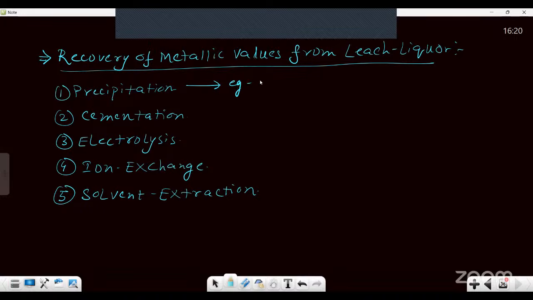One example I can give you. If a suitable reagent is added, the metal forms insoluble compounds. So add a suitable reagent. Now, what happens? The metal forms insoluble compounds and it precipitates.